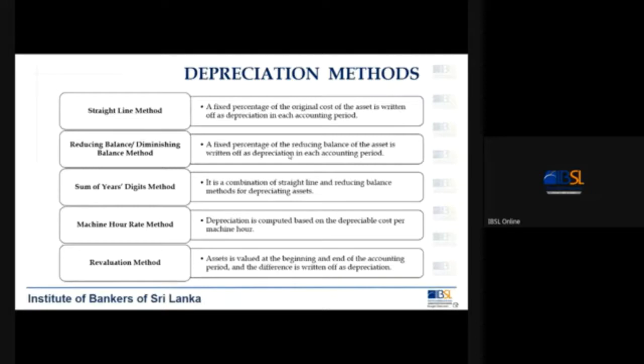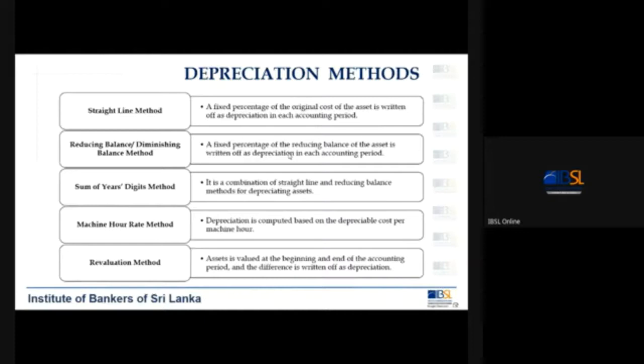Straight line method, very common. Reducing balance method, very common. Some companies that are partly manufacturing and partly trading might use the sum of years digits method. But if it is fully a manufacturing organization, they will use machine hour rate. Along with the machine hour rate, you can use labor hour rate also.